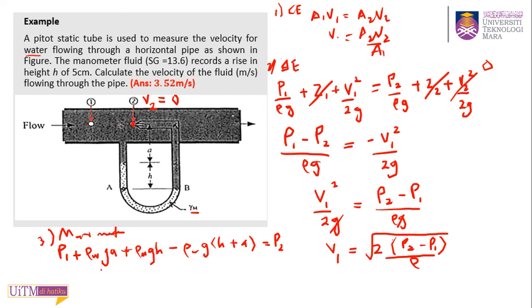So bring P1 to the other side. What is left here? Rho water g a can be cancelled. So what is left is rho mercury g h minus rho water g h. Is that right? Yes sir, correct.